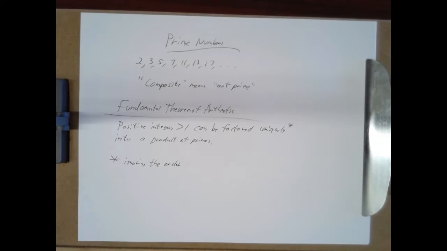For example, 6 can be written as 2 times 3. It can also be written as 3 times 2. Does that violate the fundamental theorem? No. 2 times 3 and 3 times 2, we consider those to be the same factoring. But if we could also write 6 as 5 times 7, that would violate the fundamental theorem. So the fundamental theorem says if you take a positive integer, you can write it as a product of primes, and that set of primes is essentially unique, other than rearranging the order in which you multiply them.